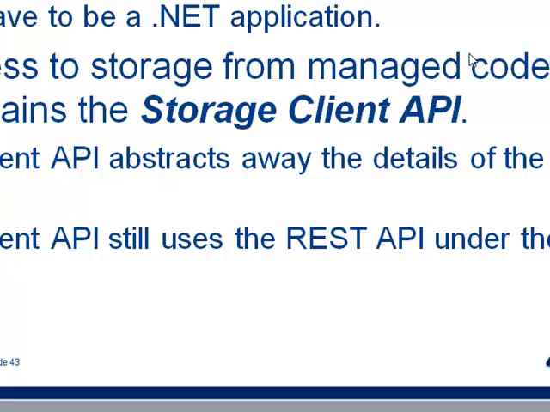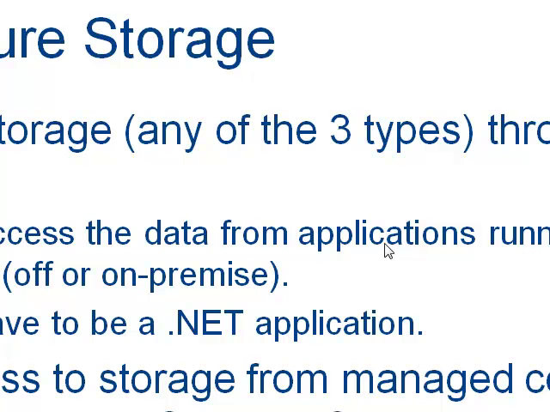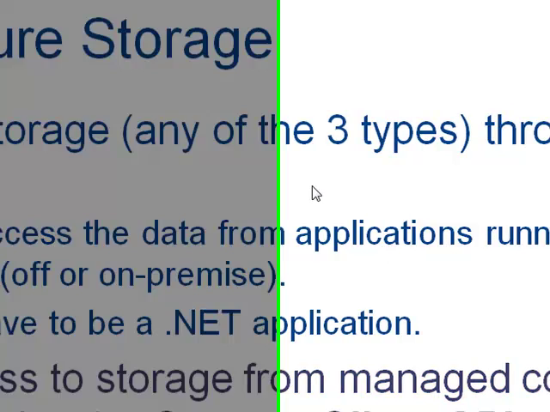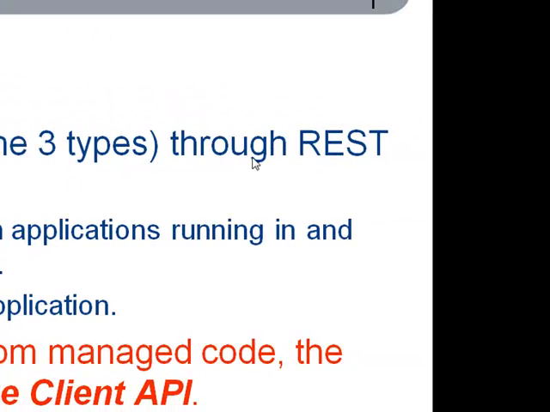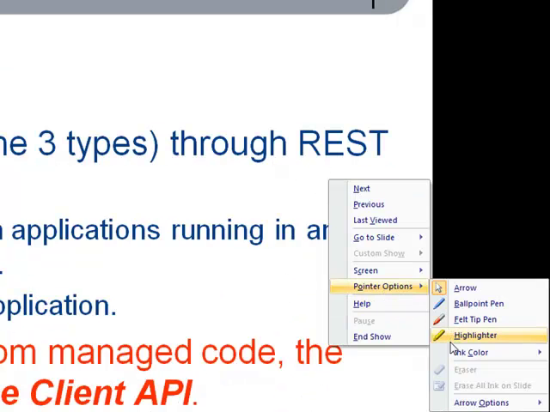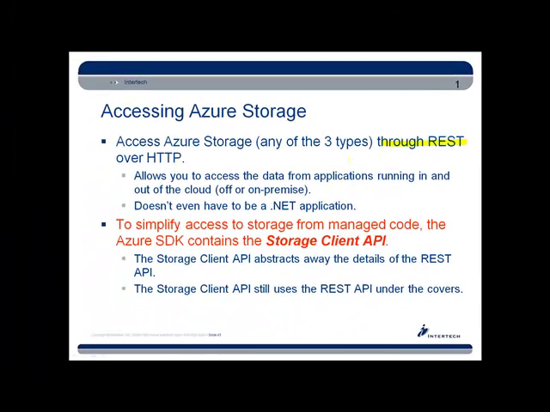So when we talk about accessing Azure Storage, the 3 types of Azure Storage that we have available can each be accessed through REST over HTTP. This gives us some advantages.